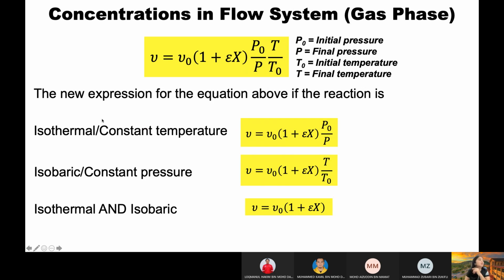Meaning, if your reaction is at constant temperature, isothermal, then the T per T naught part is gone. Second phenomenon, say it is constant pressure. If constant pressure, there is no pressure change, so the P naught per P part is gone. Say your reaction has no pressure change and no temperature change, then the latter part, P naught per P, T per T naught, is also gone.